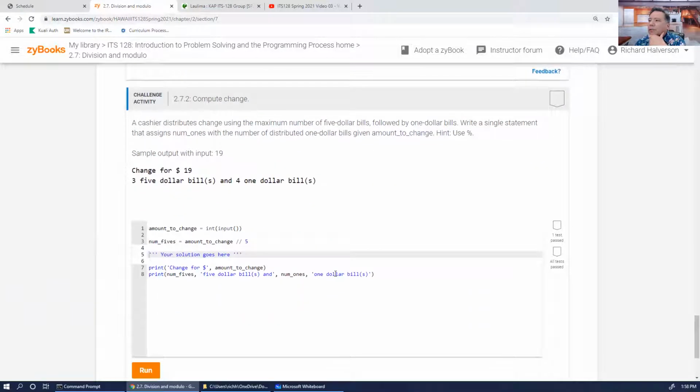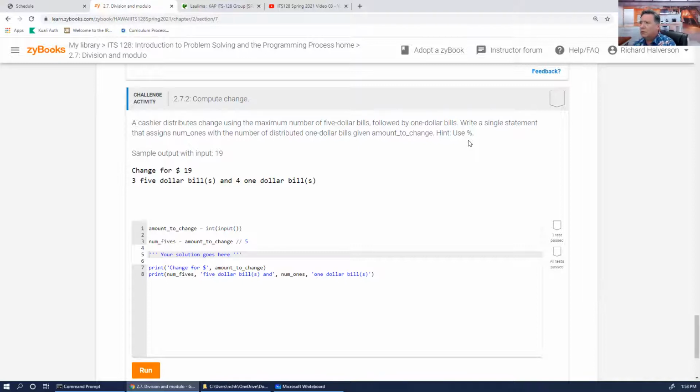Computing change. Cashier distributes change using the maximum number of $5 bills followed by $1 bills. I'll write a statement that assigns num1s with the number of distributed $1 bills given the amount to change.